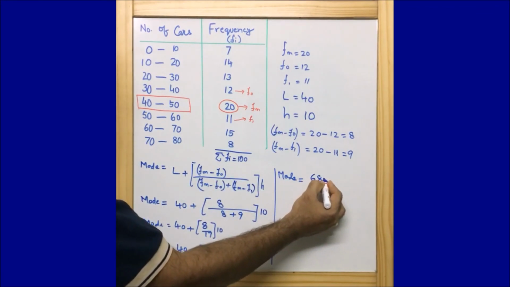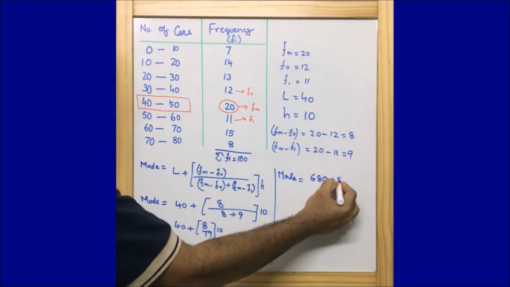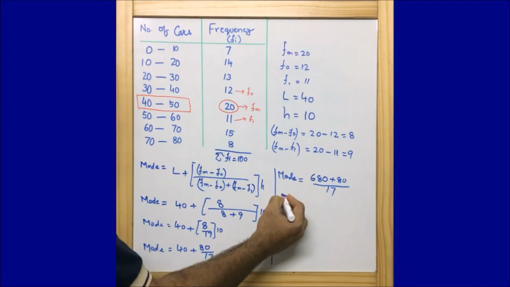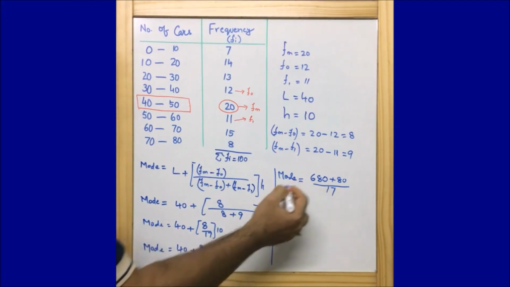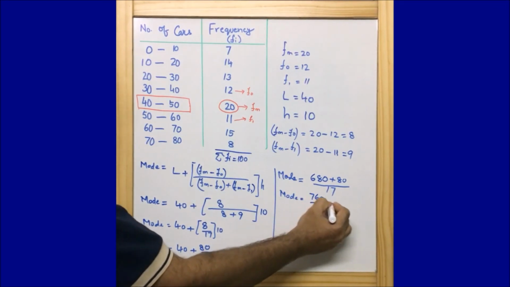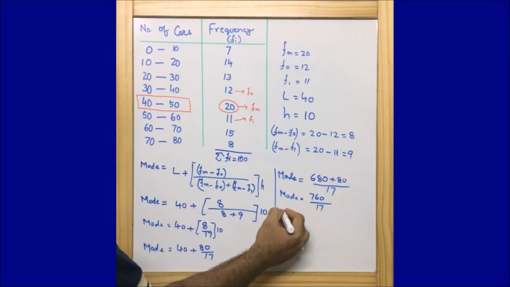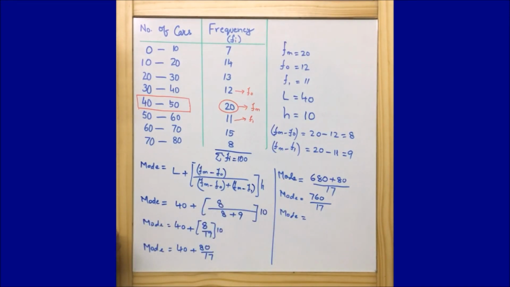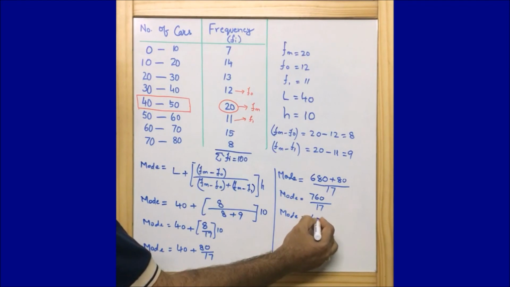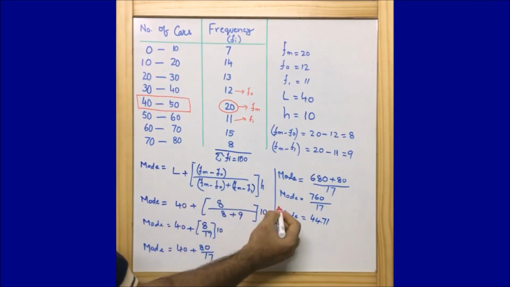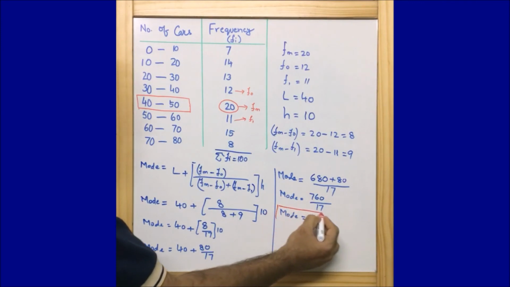I can write 680 plus 80 upon 17, or mode is equal to 680 plus 80, which is 760, upon 17, and further solving that we will get mode is equal to 44.71. That's all guys, this is our answer. Mode is equal to 44.71.